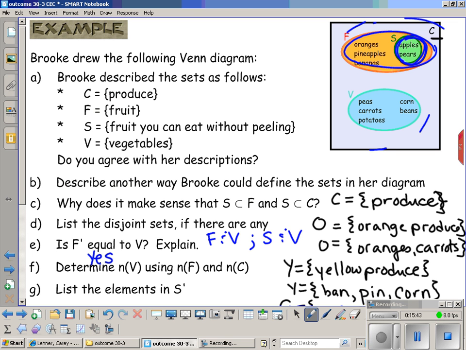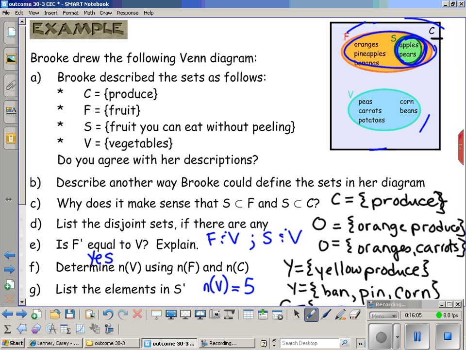We want to determine how many elements are in V. So how many vegetables do we have? Using the number of fruits and the number in our universal set. Now some of you are just going to count that up and go, hey, there's 5 elements. And you're absolutely right. If we're using the Venn diagram, and we just count our number of vegetables, there are 5 of them.